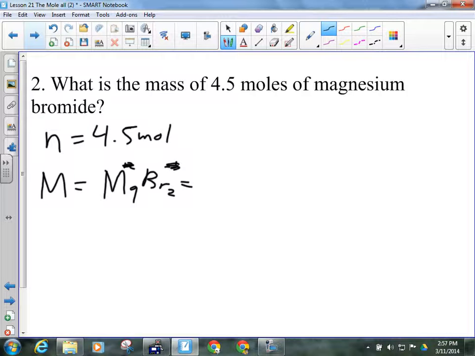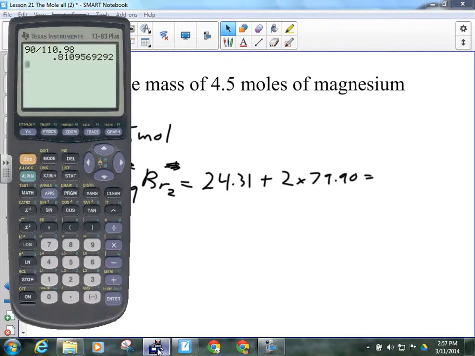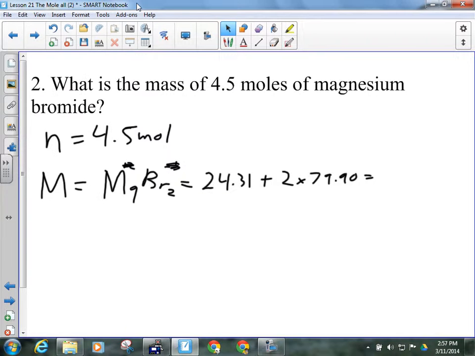When we're calculating molar mass, we get 24.31 plus 2 times 79.90, which is 184.11 grams per mole.